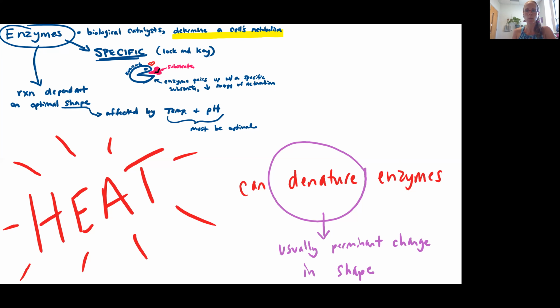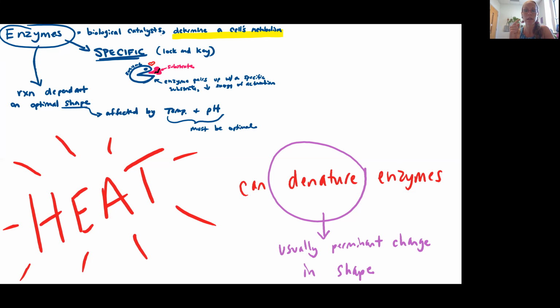That's usually a permanent denaturing, meaning that it's changing the shape. You know this. You cook food and it changes texture and taste and color sometimes. And that's all linked to the denaturing of those proteins that are part of that food.